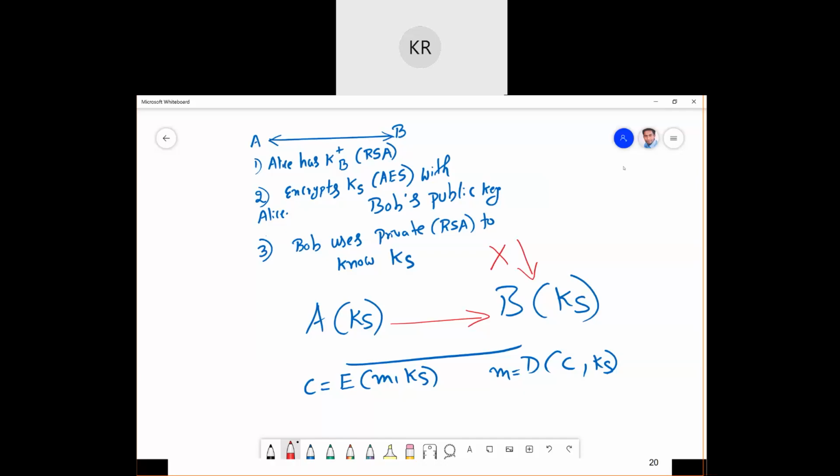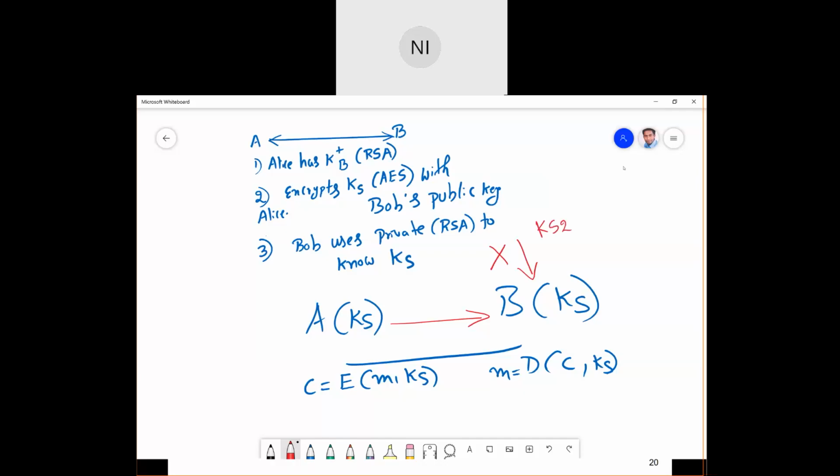See, when X wants to share some secret key with B, because X also wants to have a secret communication with B, what X has to do is encrypt the session key with Bob's public key. For example, let's say X wants to have another session, let's call it KS2.